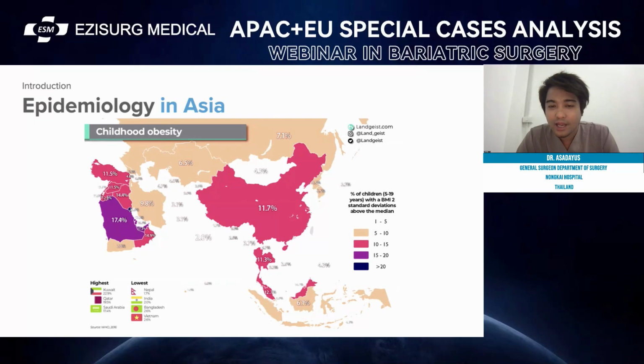Childhood obesity increases every year more than other age groups. So in the next 10 years, the number of obese patients will increase. By the prediction in 2013, obese patients will number a billion people in the world.